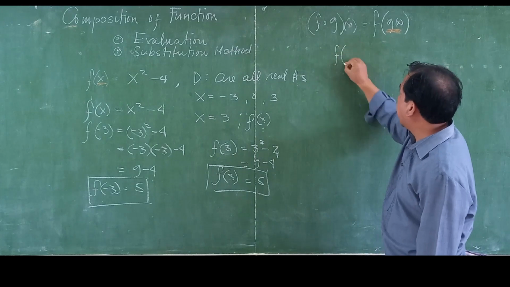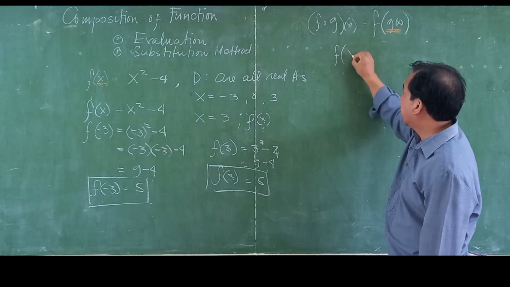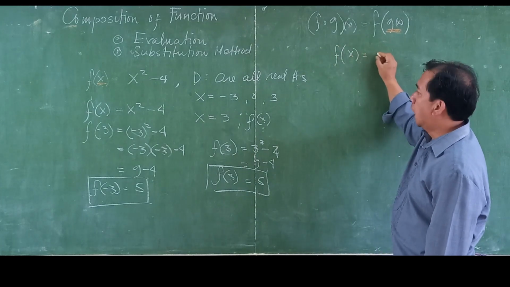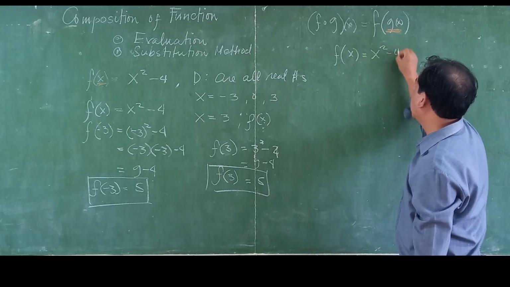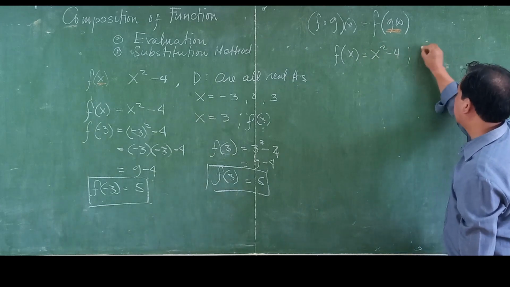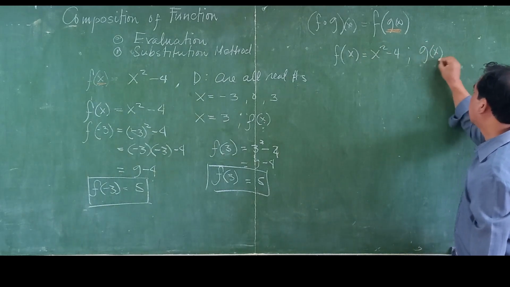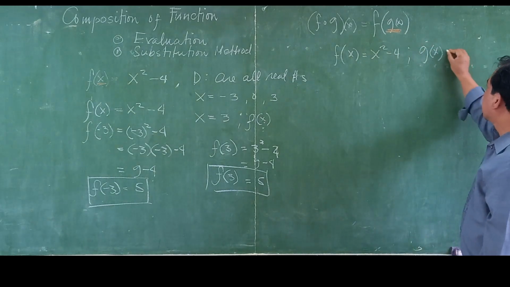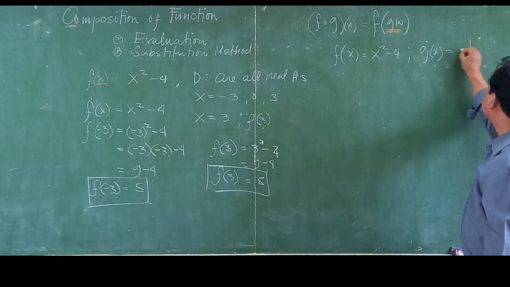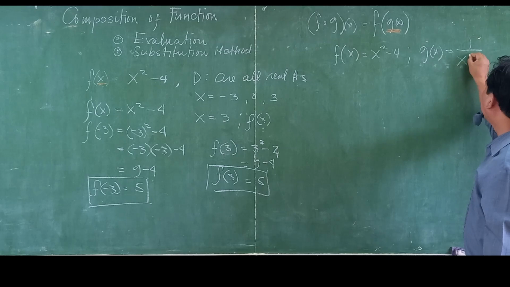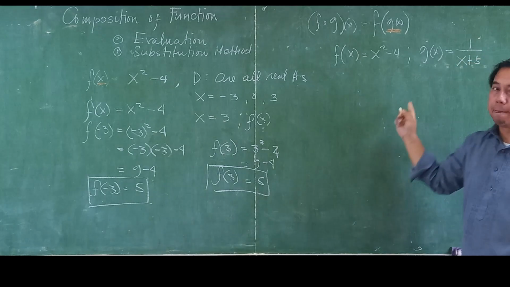So, f of x is equal to, we make use of the same, x raised to 2 minus 4. But what about if our g of x is equal to 1 over x plus 5.